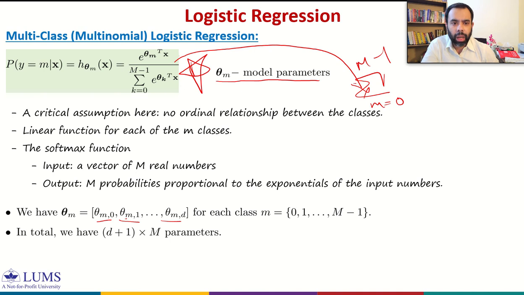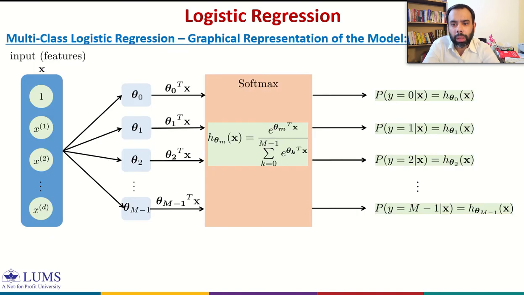For better understanding, let's see the graphical representation of the multi-class logistic regression model. We have inputs. Theta 0 is a vector that has d plus 1 weights for class 0. Theta 1 contains d plus 1 weights for class 1, and so on.